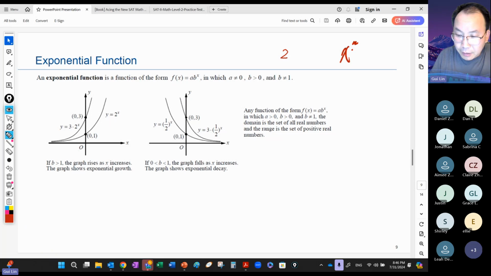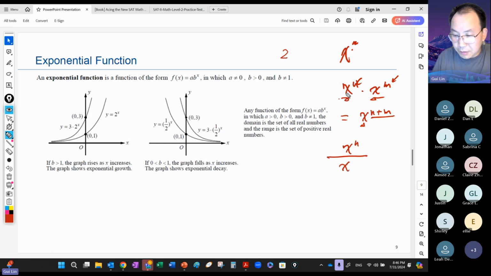And x power n times x power m, this kind of exponent. So here the base is a constant number and the exponent is a variable. So we know this kind of thing can have the variable at the base, and the exponent part is a constant number.